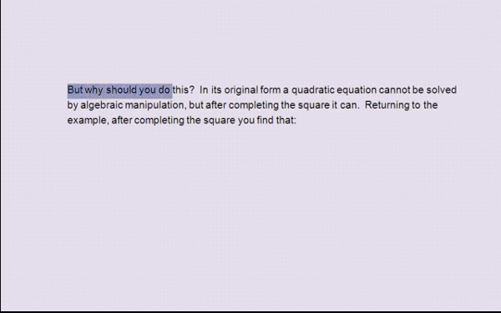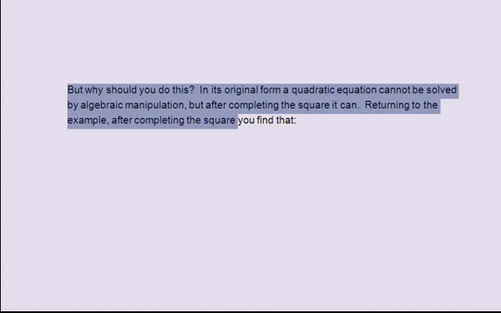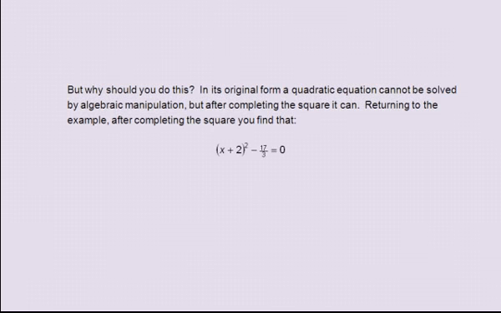But why should you do this? In its original form, a quadratic equation cannot be solved by algebraic manipulation, but after completing the square it can. Returning to the example, after completing the square you find that x plus 2 all squared minus 17 over 3 equals 0.